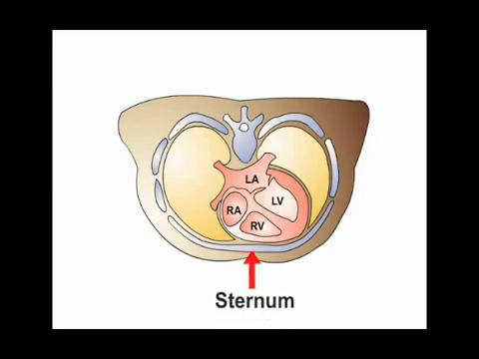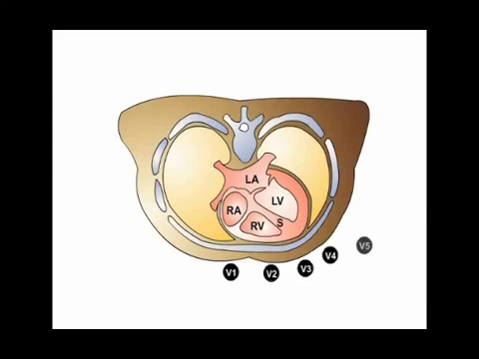The 6 chest leads, V1 to V6, examine the heart in this horizontal plane. Therefore, V1 and V2 face the anterior surface of the right ventricle. V3 and V4 look at the anterior surface of the left ventricle, while V5 and V6 look at the lateral surface of the left ventricle.